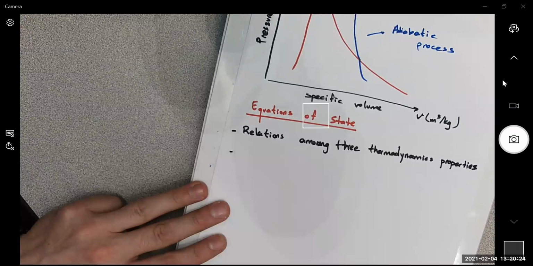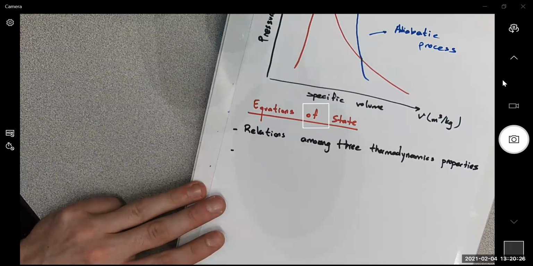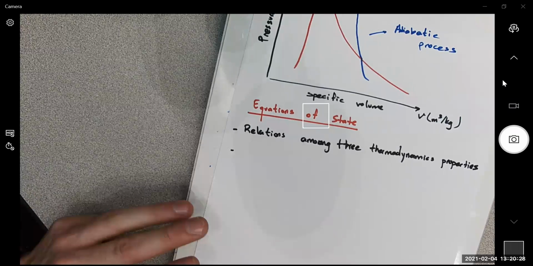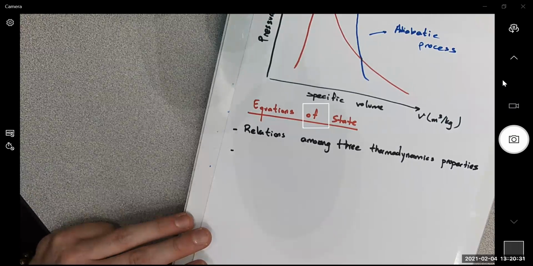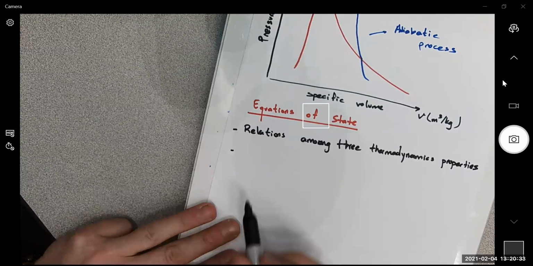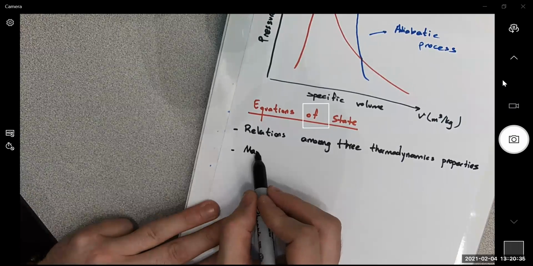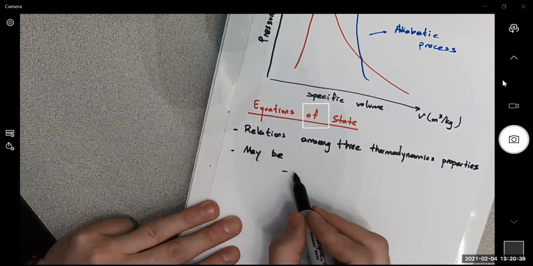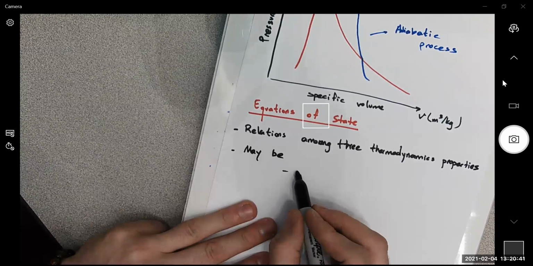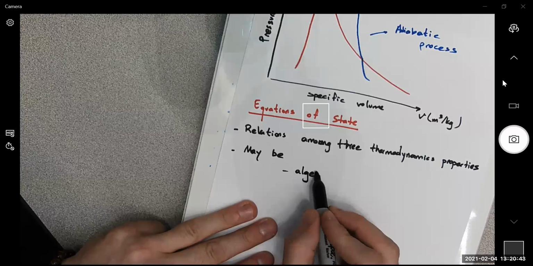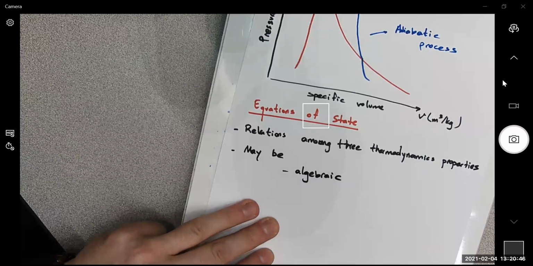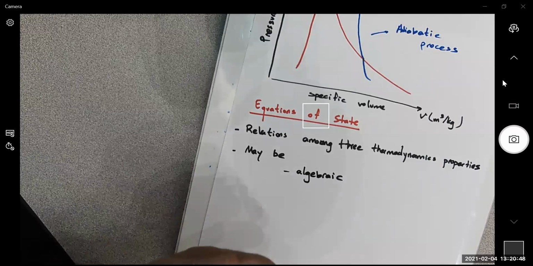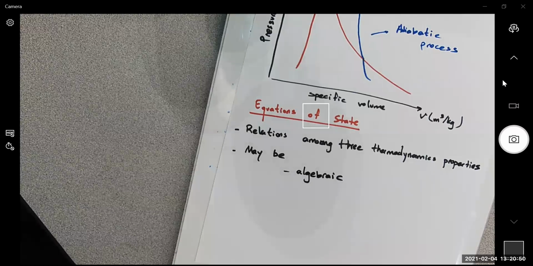There are a couple of ways to find those properties, but we will try to use the simplest one because it's already complicated. They might be determined by algebraic equations using physical relations between those three properties: temperature, pressure, and specific volume.